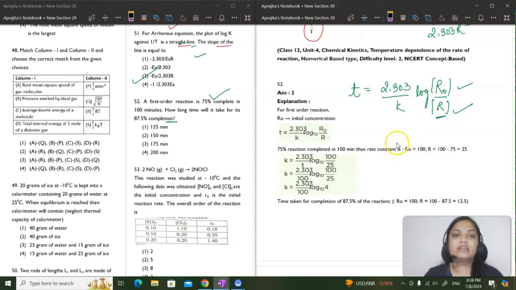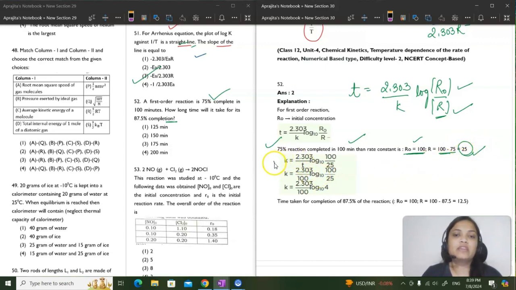Now they are saying 75% of the reaction is completed in 100 minutes. So if the initial concentration R naught was 100, now 75% is completed, which means 25% is left. So R is 25.